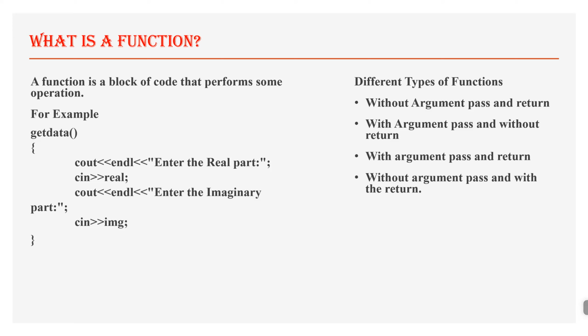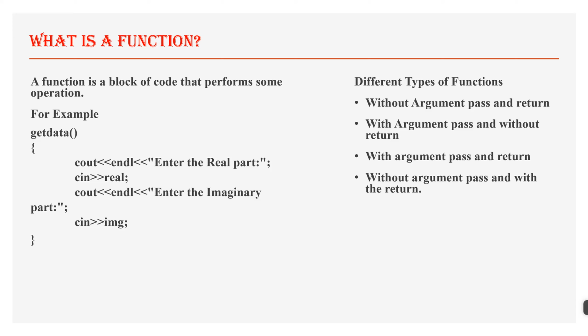Now let us look into the different types of functions. One which has no arguments passed but which returns some value to the main program, whoever is calling the function.